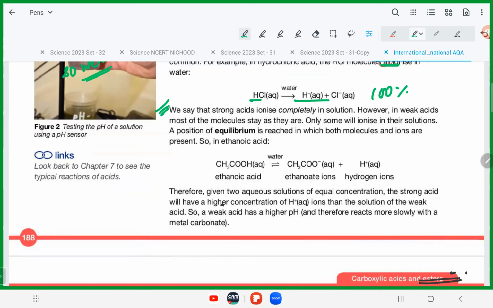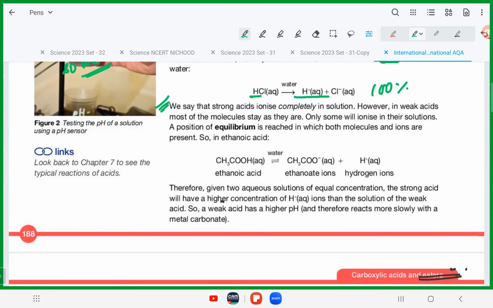Only some will ionize in solution. A position of equilibrium is reached in which both molecules and ions are present. So ethanoic acid gives ethanoate ion and hydrogen ion.